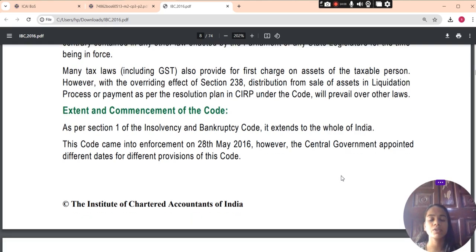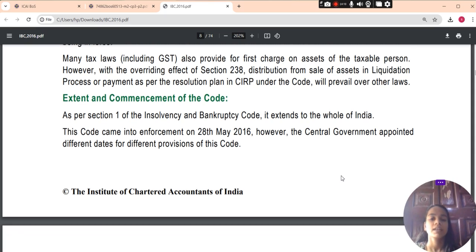Many tax laws, including the GST, also provide for the first charge on assets of the taxable person. However, with the overriding effect of Section 238, distribution from sale of assets in the liquidation process or payment as per the resolution plan in CIRP under the code will prevail over the other laws.